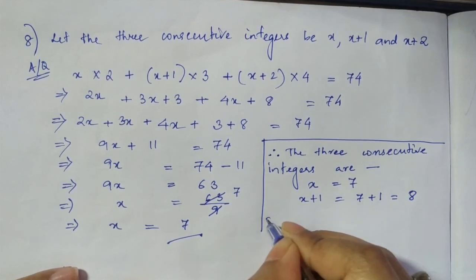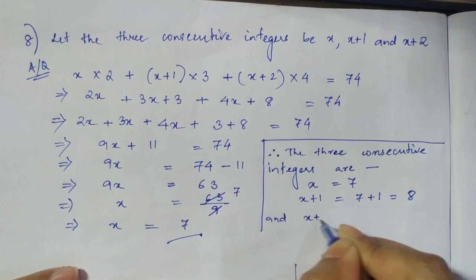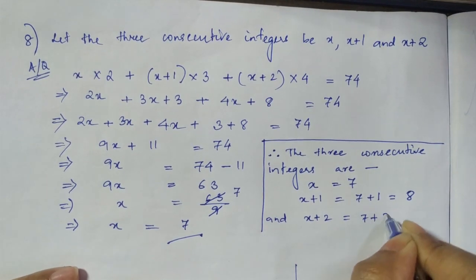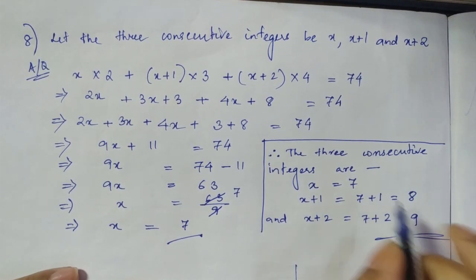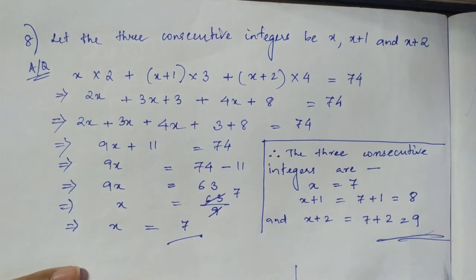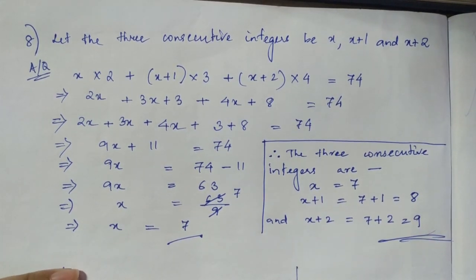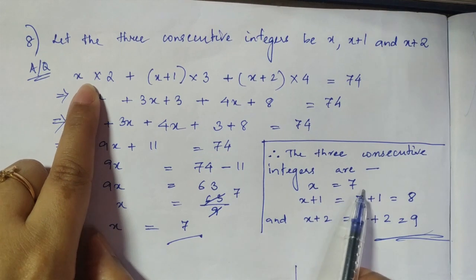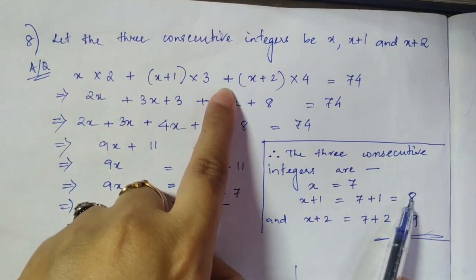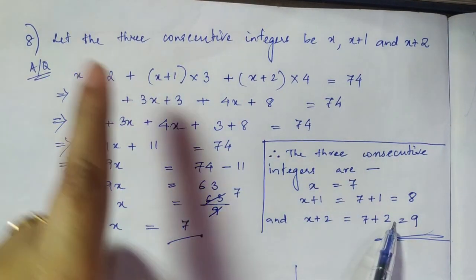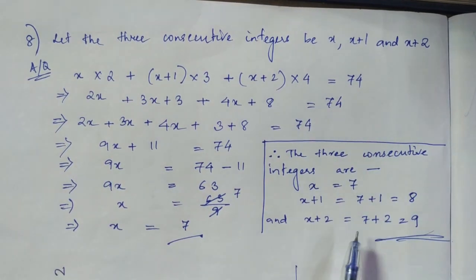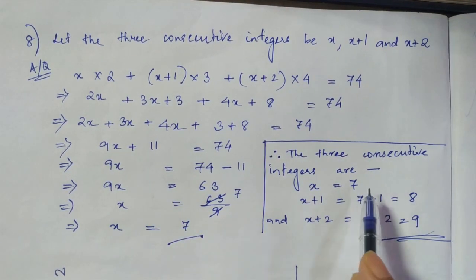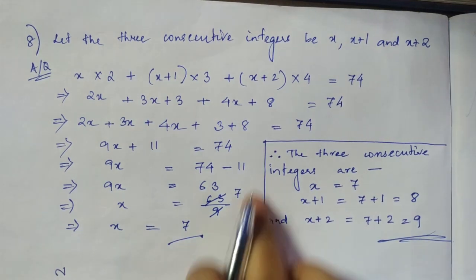And the third one is x plus 2, that is 7 plus 2 is equal to 9. So my answers are 7, 8 and 9. If you multiply 7 by 2, 8 by 3 and 9 by 4 and add the things up, you will get 74 as a result. Students, please do not do it on the side, do it properly. I'm just making use of this place.